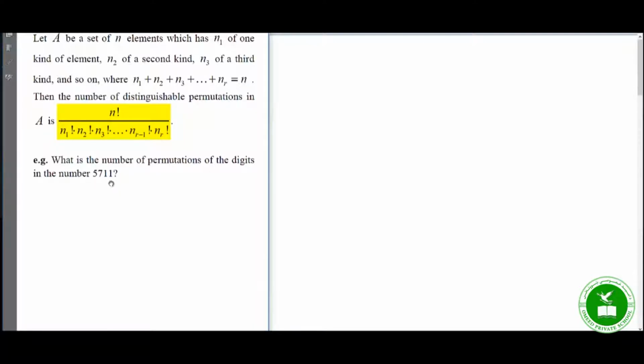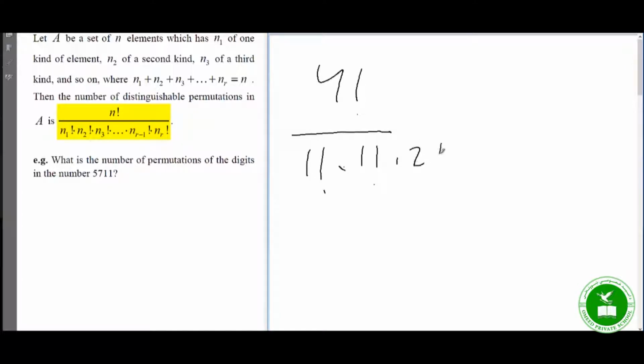So the total number is 4. What's the permutation of them? It is 4 factorial, the total number, over how many 5s do we have? One 5, so 1 factorial, times how many 7s do we have? 1 factorial, times how many 1s do we have? Two, so times 2 factorial.